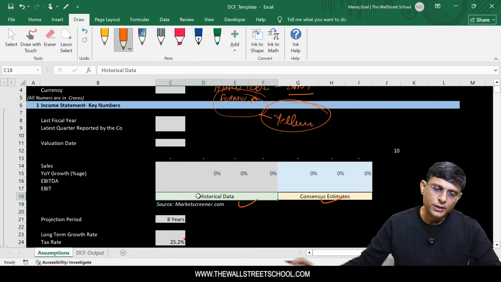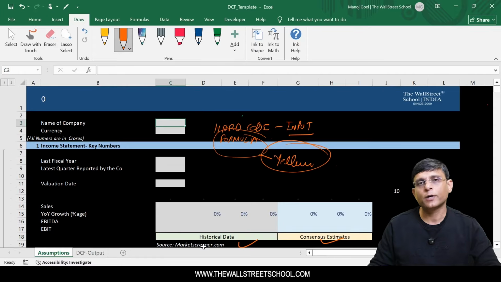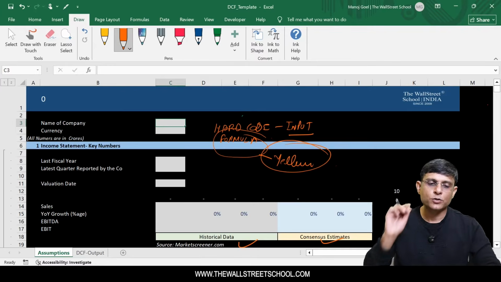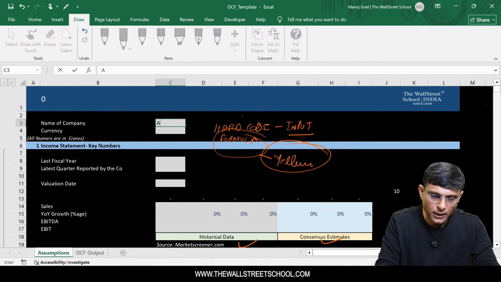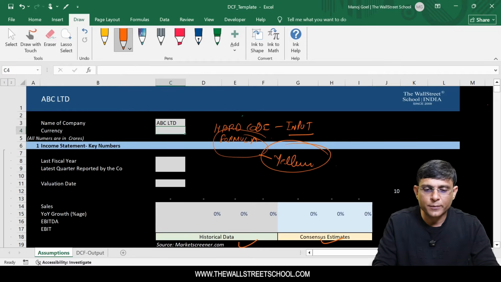Now let's quickly understand the flow of this template. First of all, you need to put the name of the company here, say ABC Limited. I'm not taking any actual company here. The moment you put the company name, it will also appear at the top of the sheet.